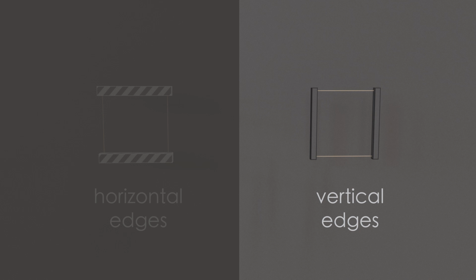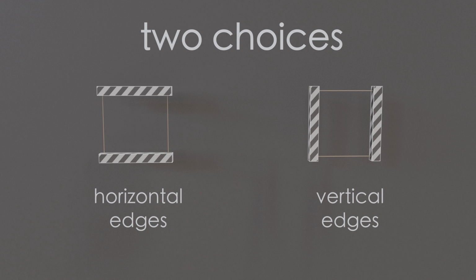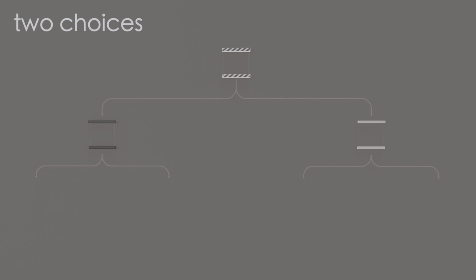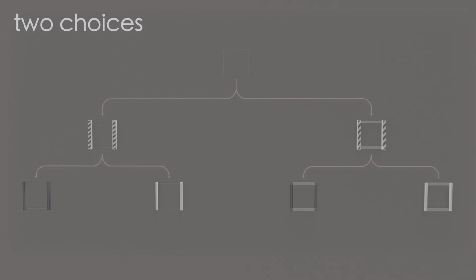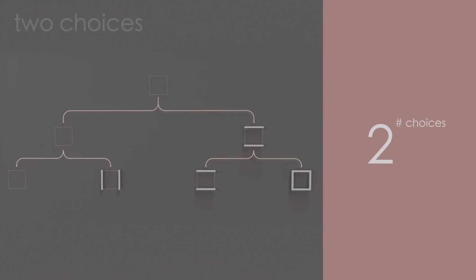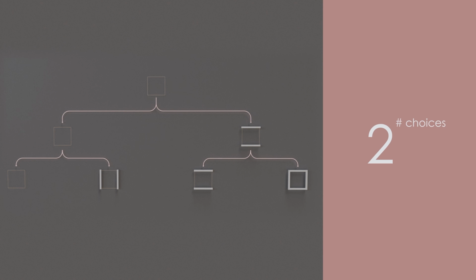So in this case, we have two choices that specify the possible lookalikes. We can represent these choices as a tree, in which we first decide whether or not there are horizontal sides, and then for each of those outcomes, we further decide whether there are vertical sides. The bottom row consists of the 4 lookalikes for the 180-degree rotation. And from our corresponding formula, we can also calculate this number as 2 raised to the second power, or 4.